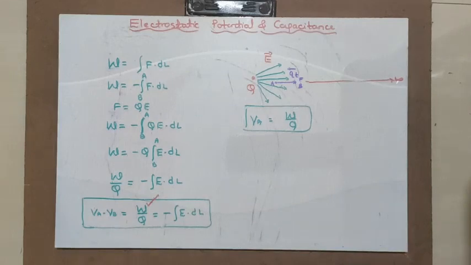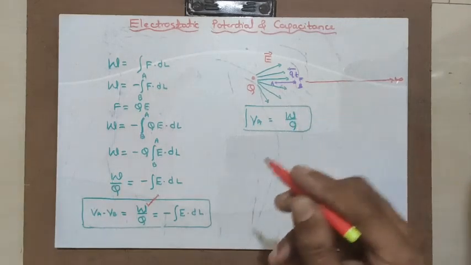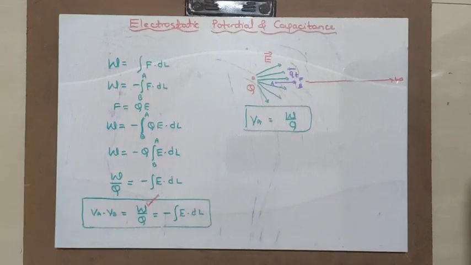Hence, the potential of a point is defined as the work done in bringing a unit positive charge from infinity to that point A. This is the definition of absolute potential. Please, students, note that work done per charge means potential.